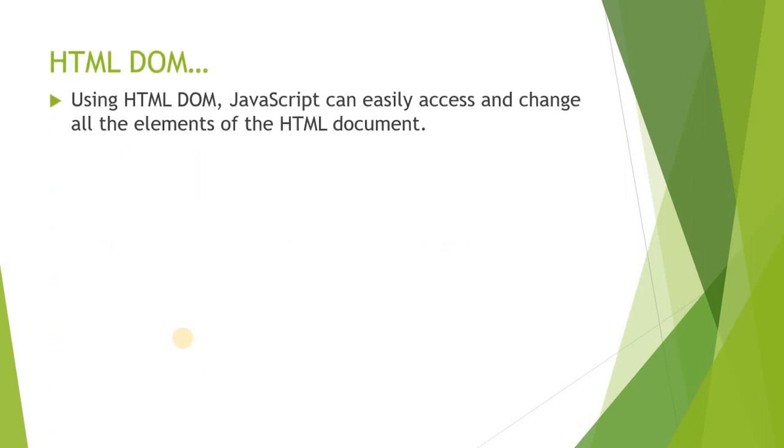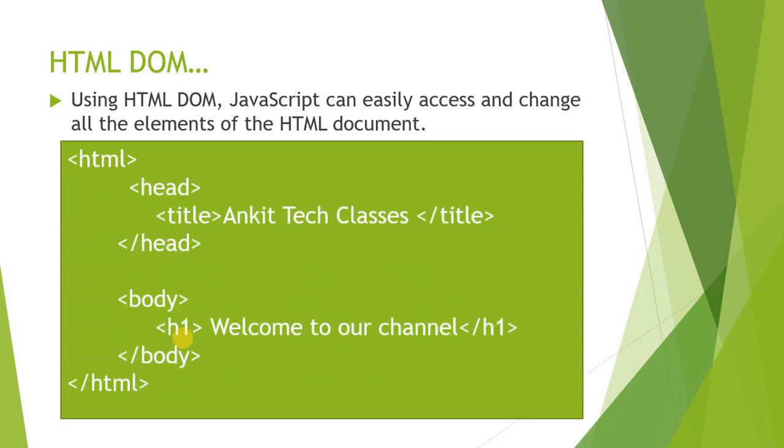Using HTML DOM, JavaScript can easily access and change all the elements of the HTML document. It means you can use JavaScript to manipulate the HTML DOM using different methods of JavaScript.